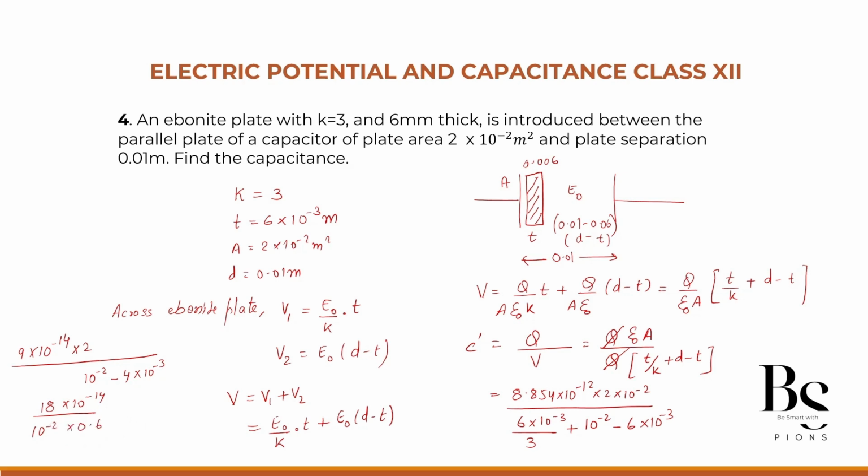So let's divide by 0.6. That gives approximately 3 into 10 to the power minus 11 farad. That will be the new capacitance of this capacitor because of the dielectric.